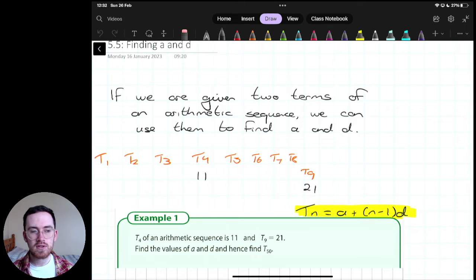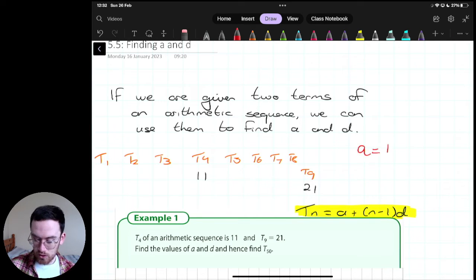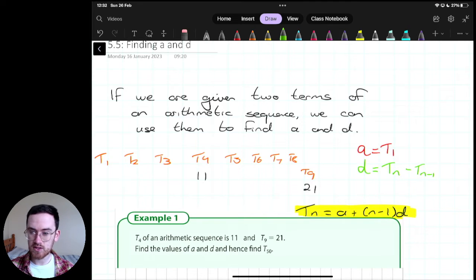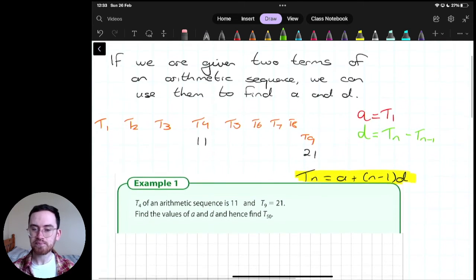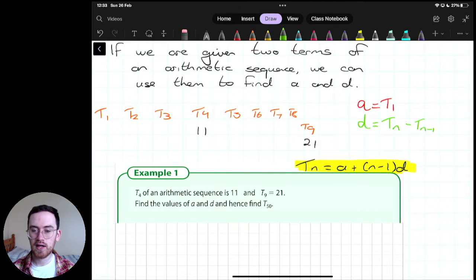Remember that a is the first term, so a is t1, and d is the difference between two terms. But it has to be two terms that are coming straight after each other, what we'd call consecutive terms. So tn minus t(n-1), like t3 minus t2, or t9 minus t8. If we look at this example here and how this works, we have t4 and we have t9.